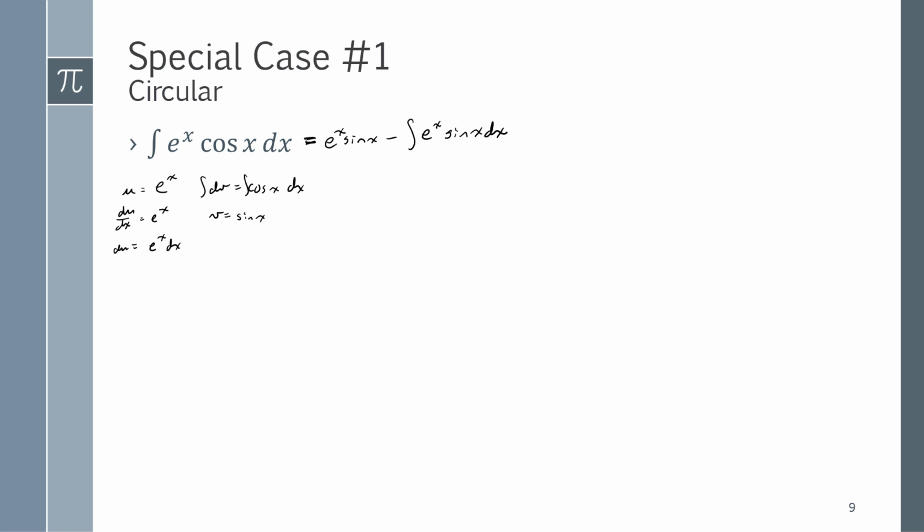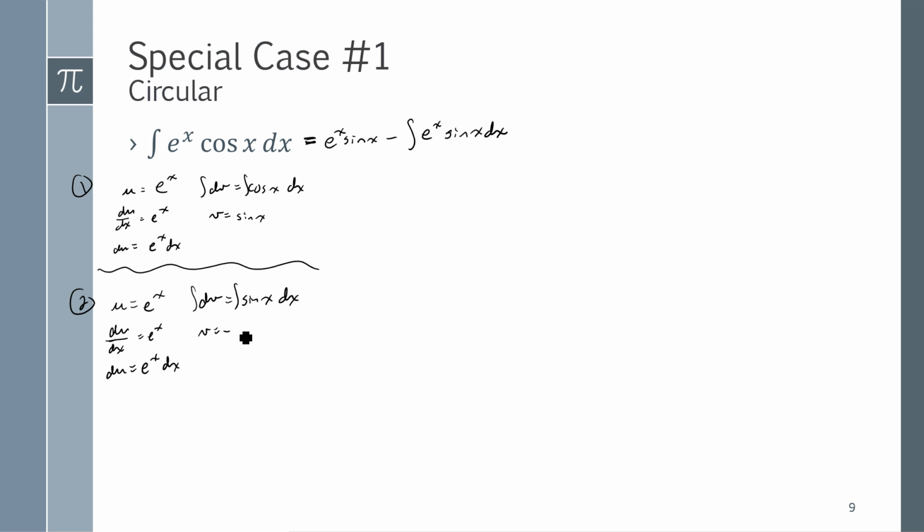So now I'm thinking, okay, what about integration by parts? So this was for my first integration by parts. Here's my second integration by parts. I'm going to say that u is e to the x again, and dv is the sine of x dx. So du dx is equal to e to the x, du equals e to the x dx. Integrate the dv to get that v is negative cosine of x.